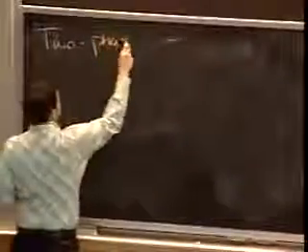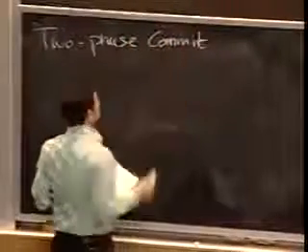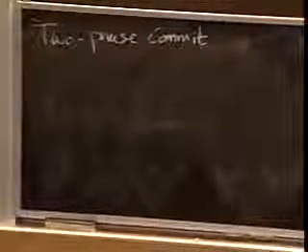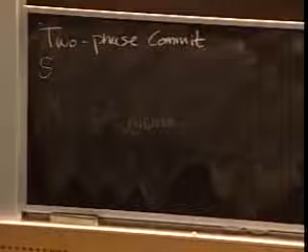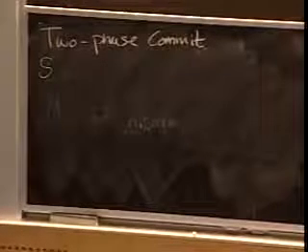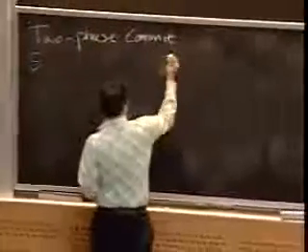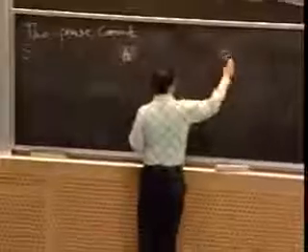And the protocol we're going to use is a protocol called two-phase commit. So suppose we have our node S, which is the coordinator node, the node that represents the travel site. And we also have our two worker nodes that correspond to JetBlue and US Air, A and B.